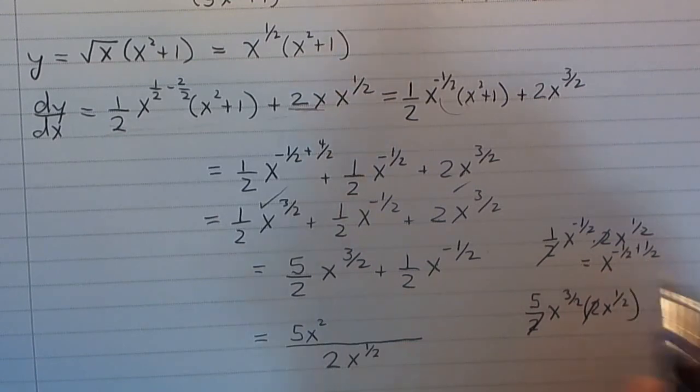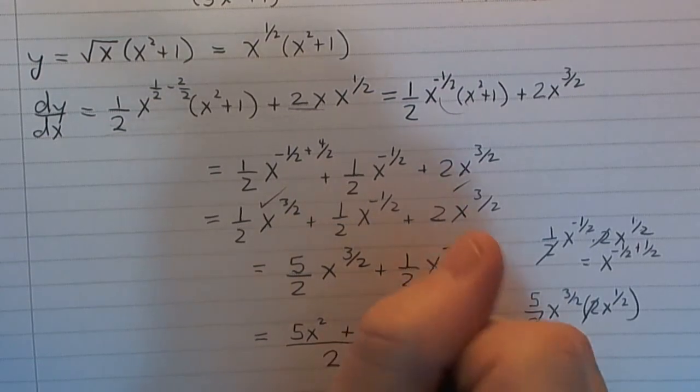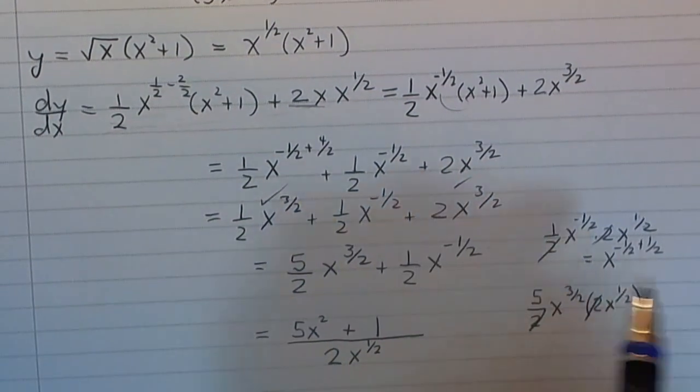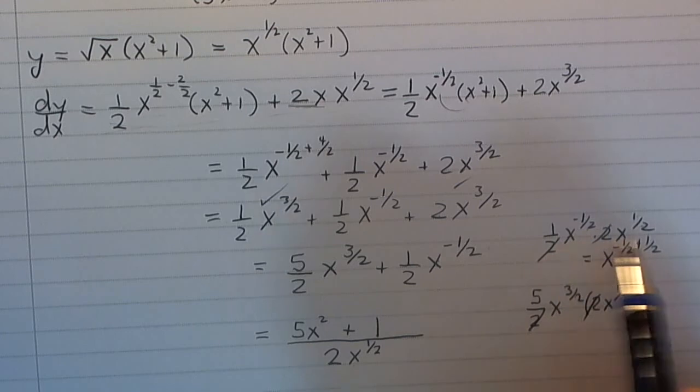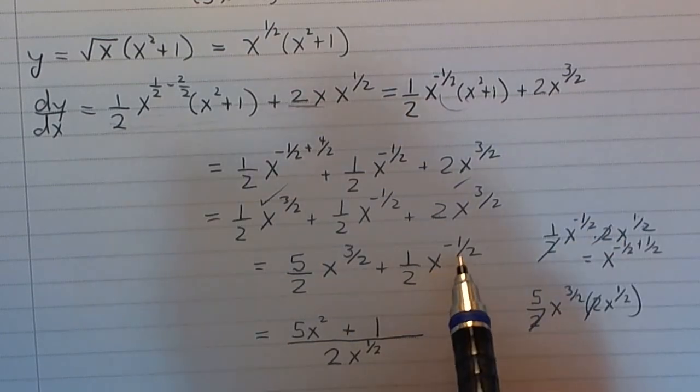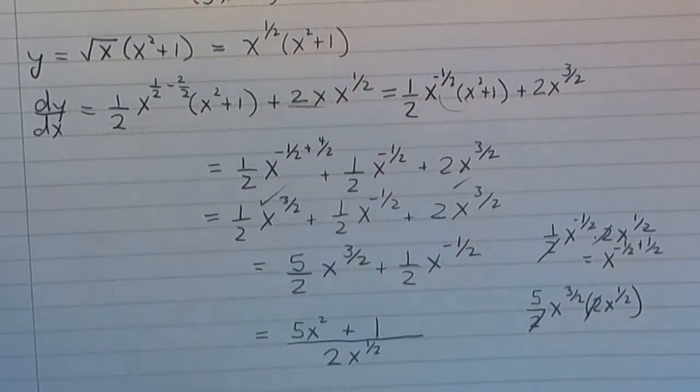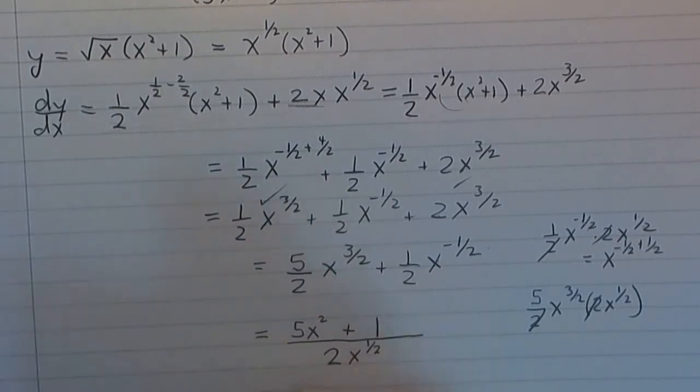So really what I get here is a plus 1. See? Because everything cancels out, right? The 2's cancel, and then x to the negative 1/2 times x to the 1/2, that's just 1. So this is how it simplifies. Okay? So that's kind of a nice way to simplify it.